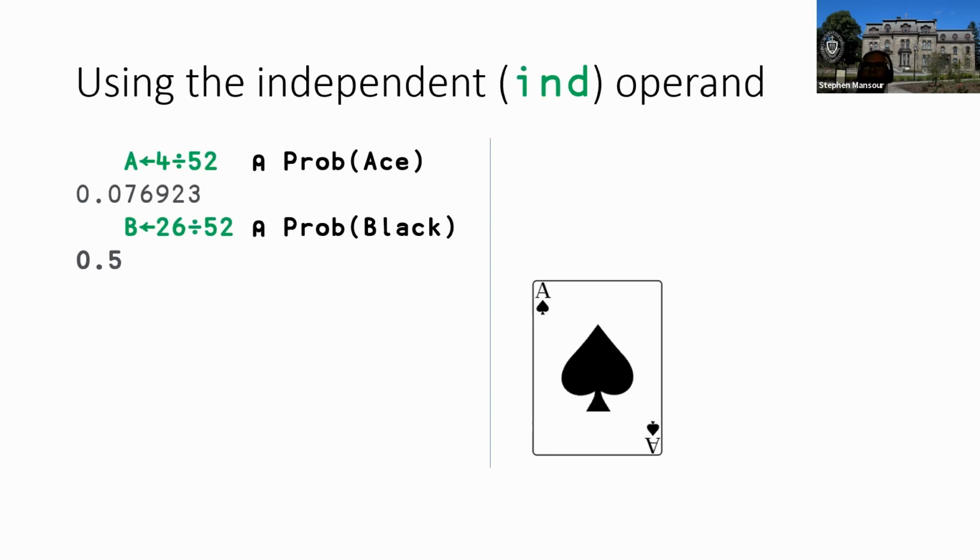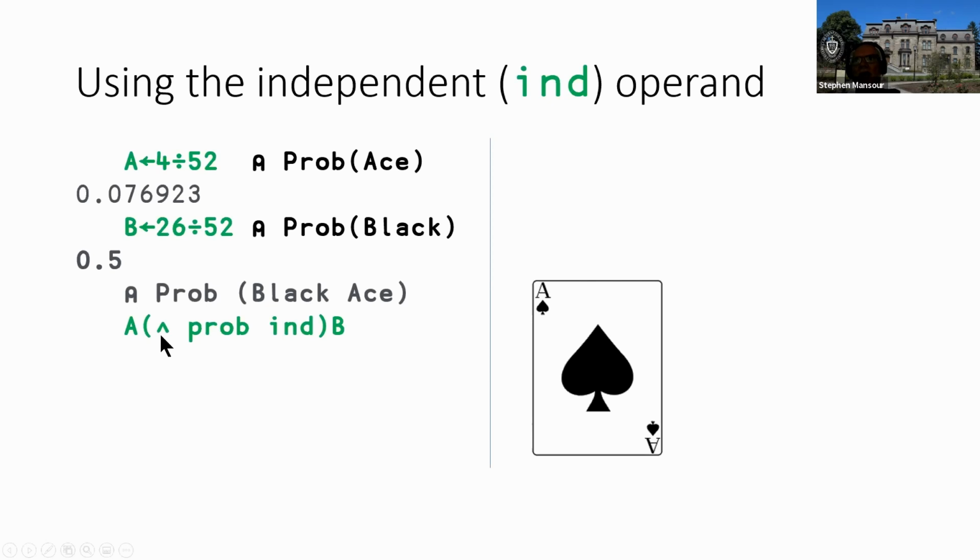Now, instead of using the names of the events, I can simply use the probabilities of the events with the independent operand in order to get probabilities. So let's take a look. What's the probability that I get a black ace? A represents the probability of an ace. B represents the probability of a black card.